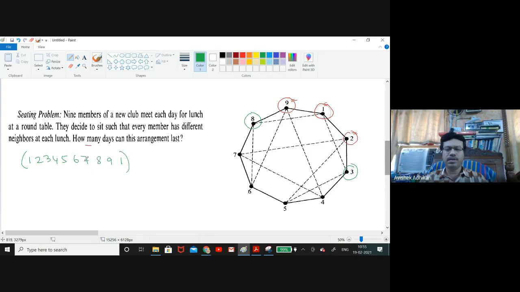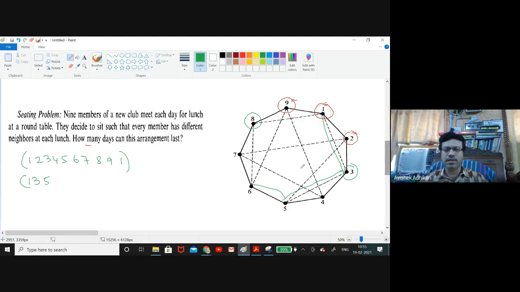And maybe another arrangement could be like this: 1, 3, then maybe 5, then from 5 maybe 6, or you cannot have 6 here, so you need to check another thing.